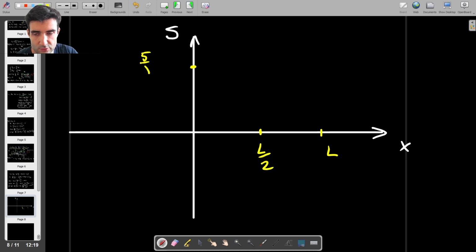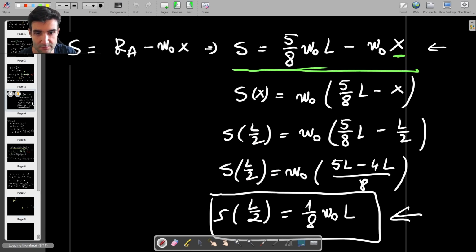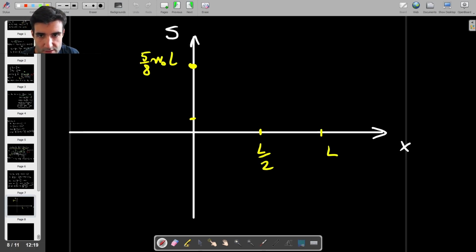So that's the first point. Then we know that this decreases, because at half L we get 1 over 8 W naught L. So we have this value 1 over 8 W naught L, which occurs at L over 2.